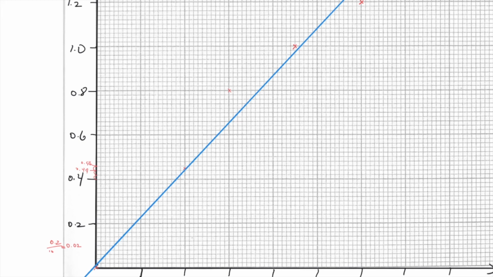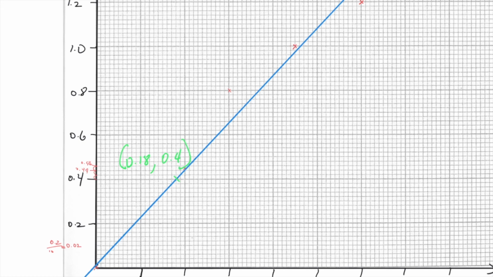So my x value for that will be 0.18, and my y value is 0.4.